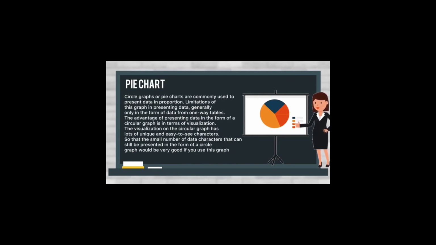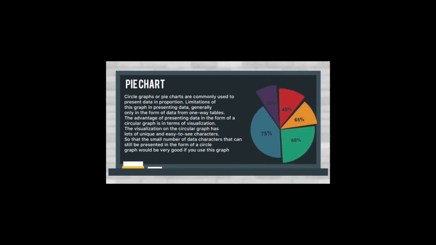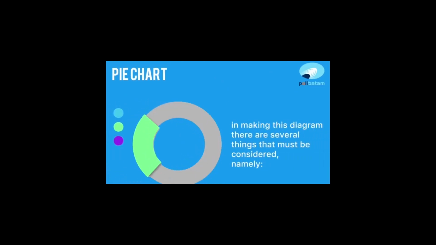The visualization on circular graphs has many unique and easy-to-see characteristics, so even a small number of data characters can still be presented in the form of a circle graph. It will be very good if you use this graph. In making this diagram, there are several things that must be considered.